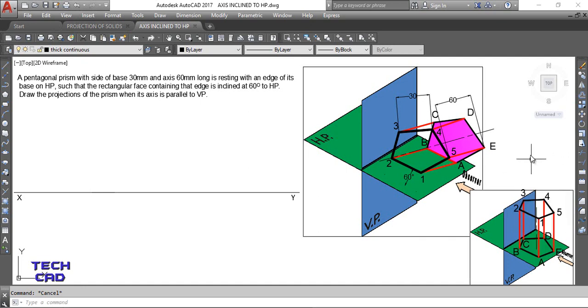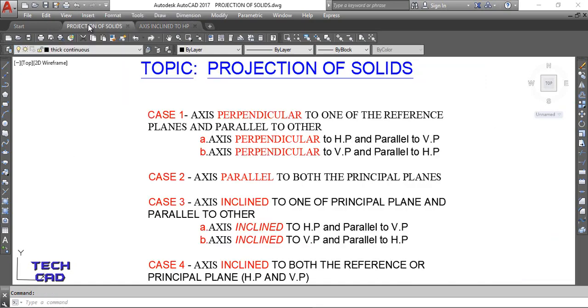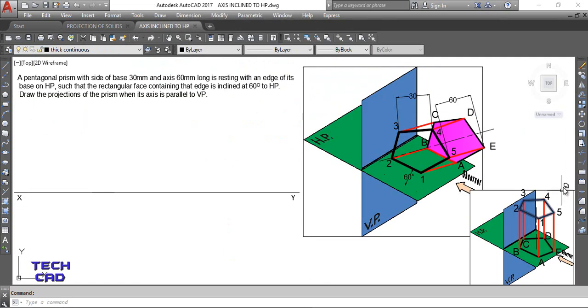I start from here. If you remember, this is the first case in the projection of solids. I'll show you. You can see here that this is case 1, when the axis is perpendicular to one of the reference planes. Now my axis is perpendicular to one of the reference planes, so I can start my question accordingly.